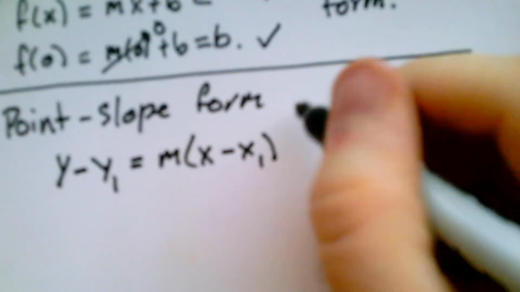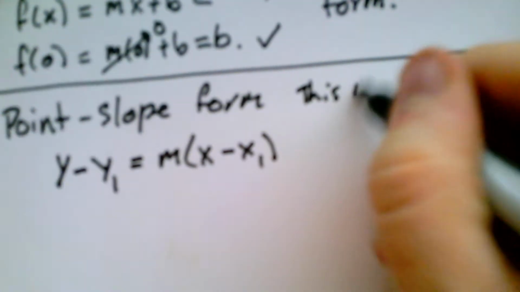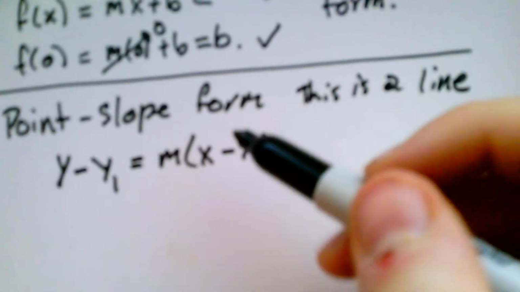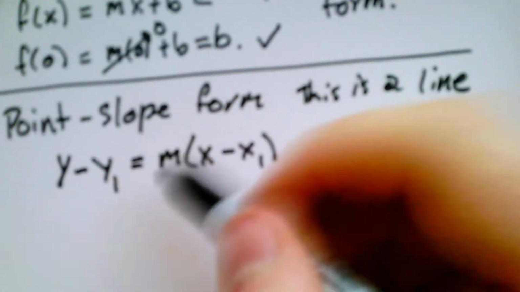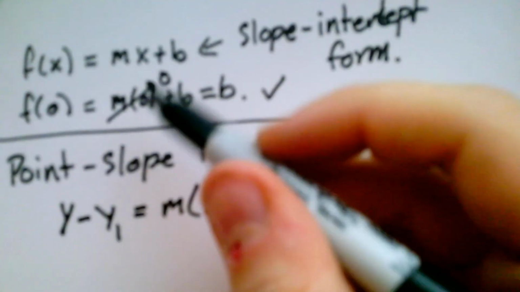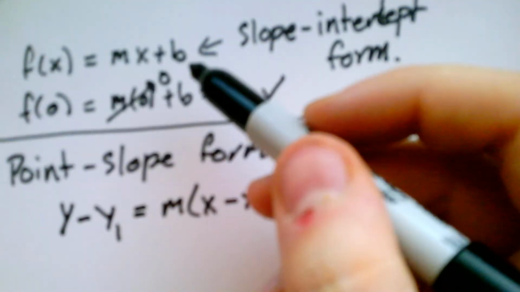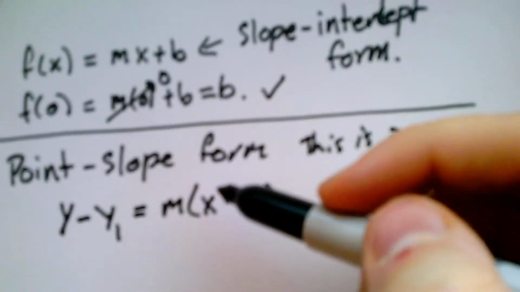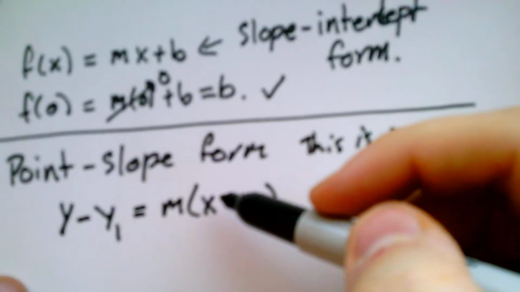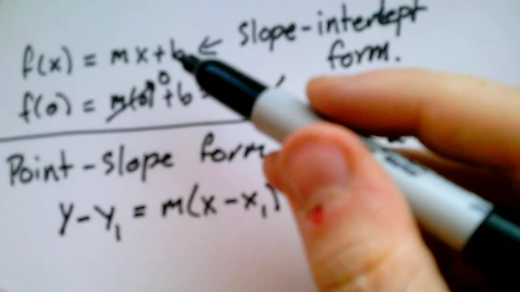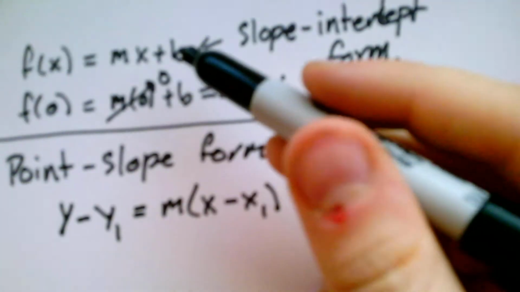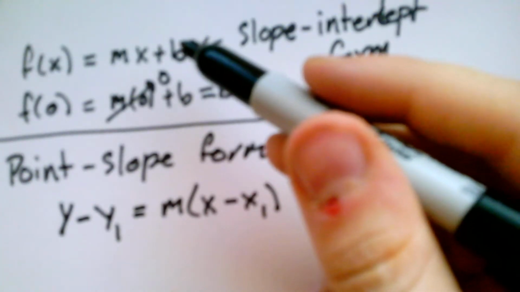And I claim that this is a line, that any function that has a graph that satisfies this is going to be a function that satisfies this. So every graph from an equation of this form is going to be able to be written as a graph of an equation of this form, or it is exactly going to match up with a graph of some equation of this form.